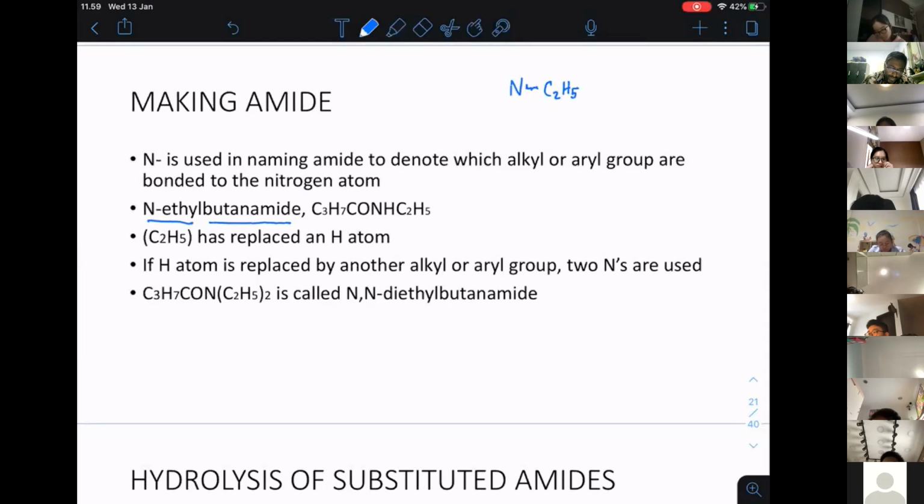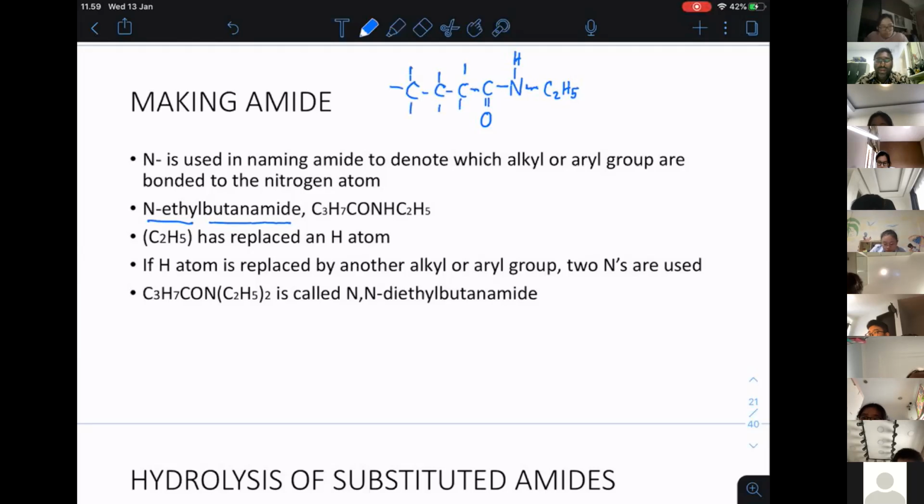Again, this is going to be nitrogen, so this is automatically H. There will be carbon, there will be a double bond O, and it's butanamide, so there should be four carbons here. One carbon is already there, so another one.